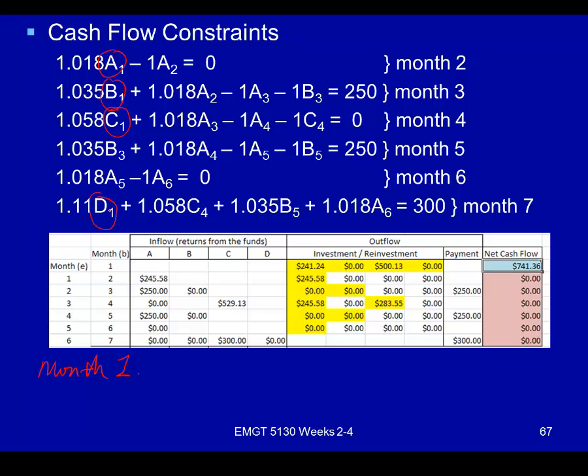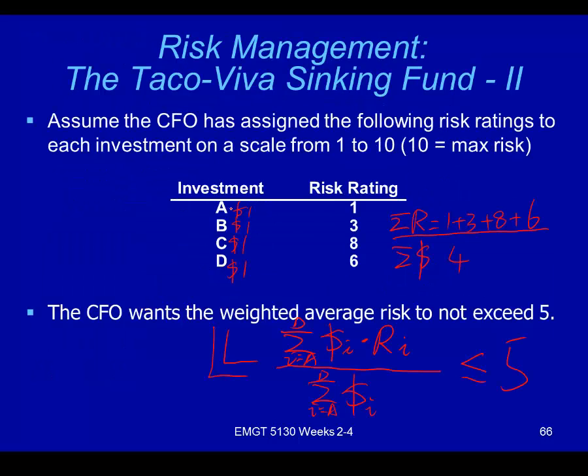These 4 represent the possible investments that we can do in month 1. Since we don't know how much money we invest in each of them, or if we invest in all of them, we'll just use A1, B1, C1, D1. And from the previous slide, we know that their risk is 1, 3, 8, 6.